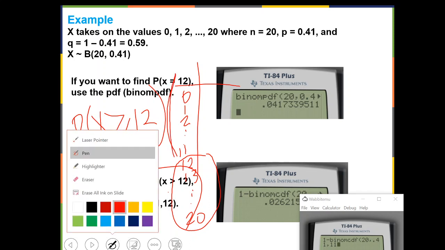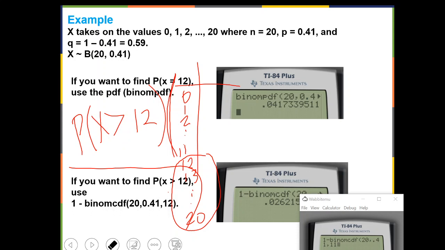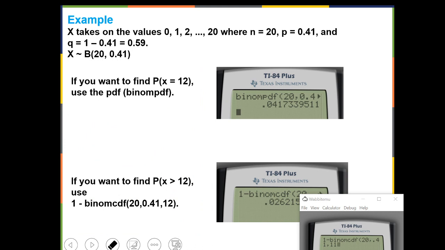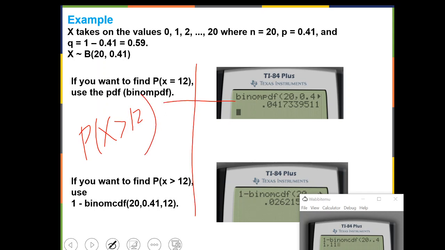But if I erase that, what happens is that now, let me do it. So now if I want probability of x greater than 12, so greater than 12 doesn't include 12. So it's 11, 12, 13, right? 14, and all the way to 20.